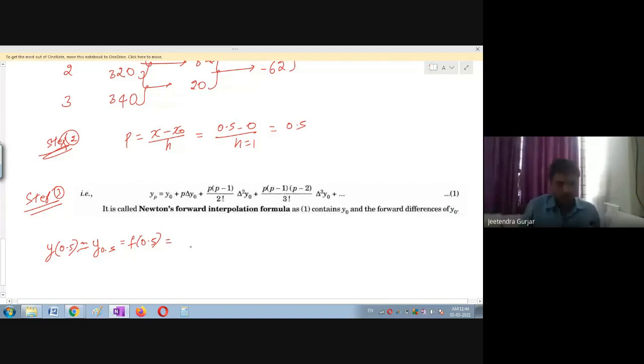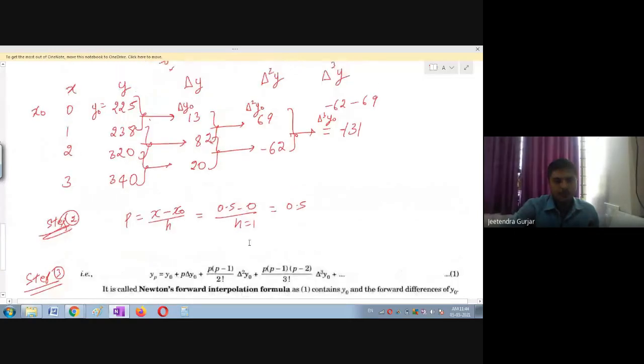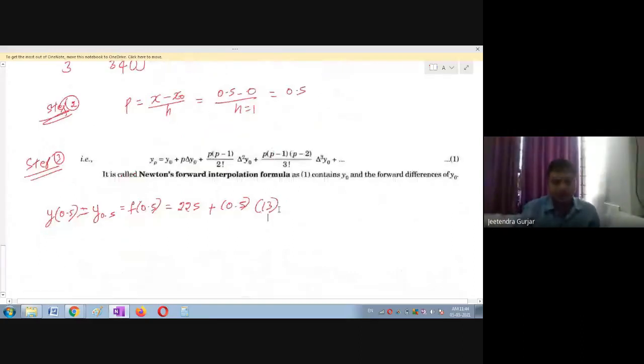so I'll substitute all the values. 225 plus 0.5 times 13. See, I have marked here delta y naught. So p is 0.5, delta y naught is 13, plus 0.5 times (0.5 minus 1) upon 2 factorial, delta square y naught is 69, plus again 0.5 times (0.5 minus 1), right?